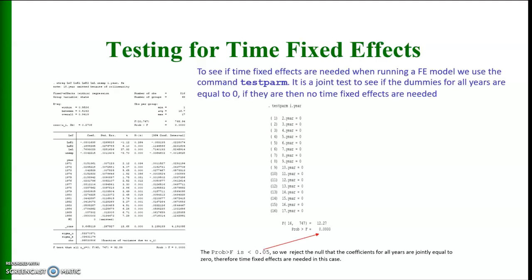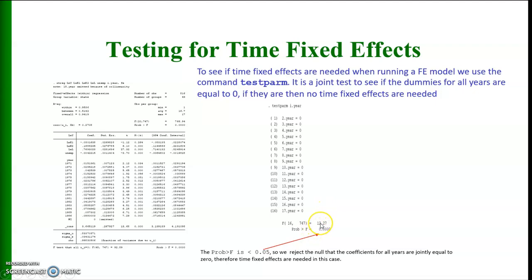And this is the testing for time fixed effects. To see if time effects are needed, when running the fixed effect model, we use the command testparm, and it is a joint test to see if the dummies for all years are equal to 0. If they are, then no time effects are needed.